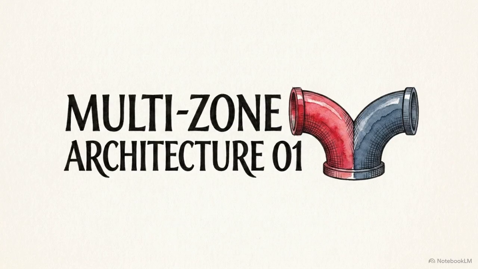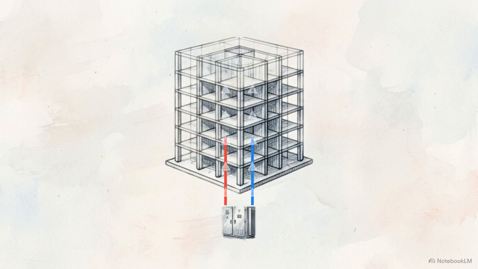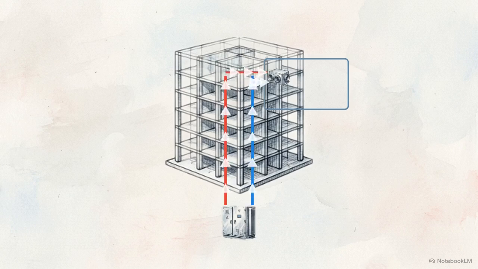This leads to the first multi-zone architecture, the dual-stream system. In this design, the central plant generates two parallel constant volume streams of air, one high temperature and one low temperature. These distinct streams travel through the building until they reach a terminal mixing box dedicated to a specific zone. The terminal box acts as the control point, modulating the ratio of the hot and cold streams.